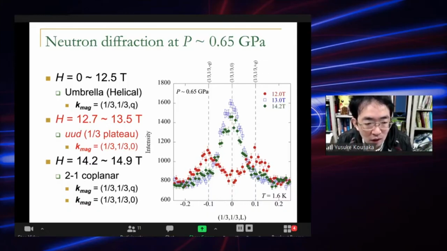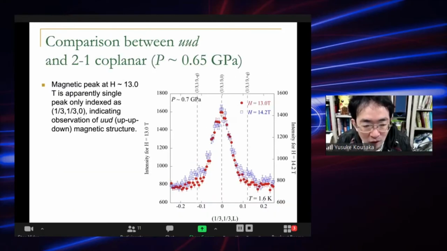In the case of around 13 Tesla, the magnetic peak is only observed at 1/3 Q. This is a very important point. In this figure there are three data sets in a graph, so we normalize the intensity of the 1/3 Q between 13 Tesla and 14.2 Tesla.